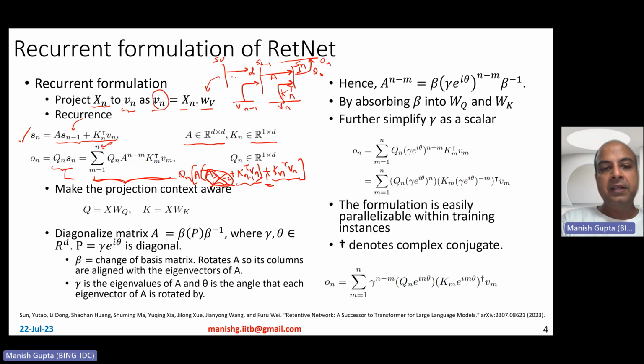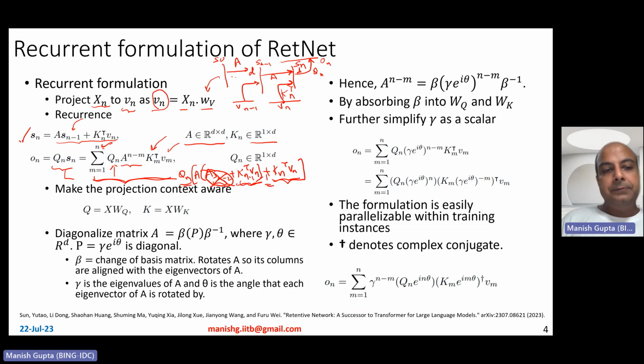It's essentially the same Qn brought inside. And then you have m equal to 1 to n. For the first n equal to 1, for the first token in the sequence, you'll be considering A raised to n minus 1 because it has been multiplied n minus 1 times by this matrix A. And then you have the K m transpose and V m, which is coming from these terms.